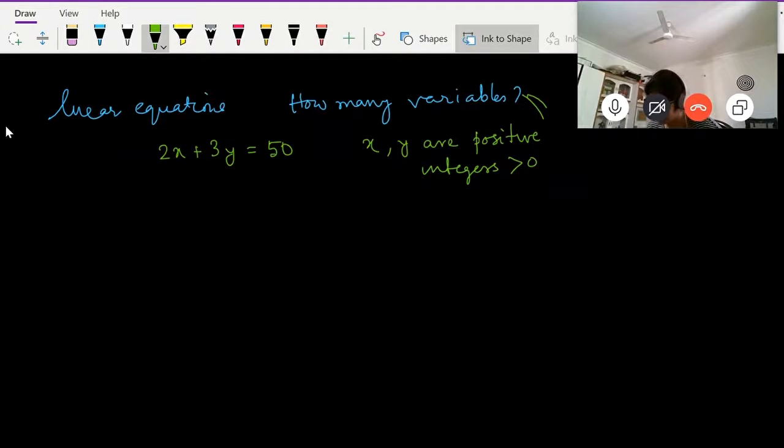How do you do it? We can take x as 10 and y also as 10.